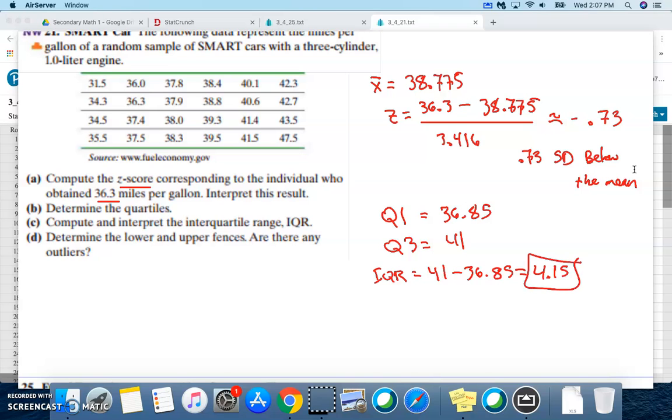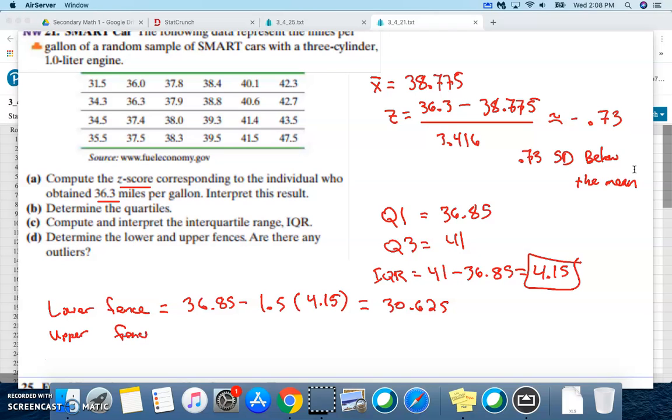Now the lower fence is Q1, 36.85, minus 1.5 times the IQR, which is equal to 30.625. So there's our lower fence. The upper fence is going to be quartile 3 plus 1.5 times 4.15, because we want to go above the third quartile.